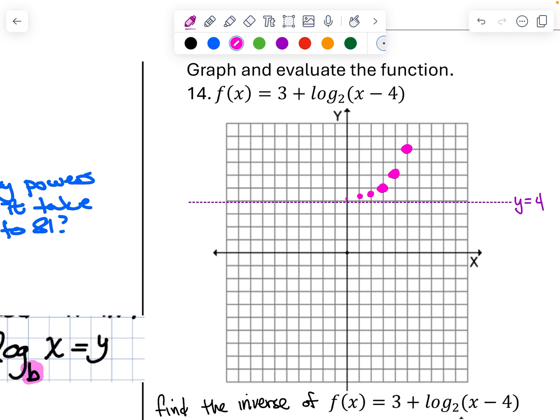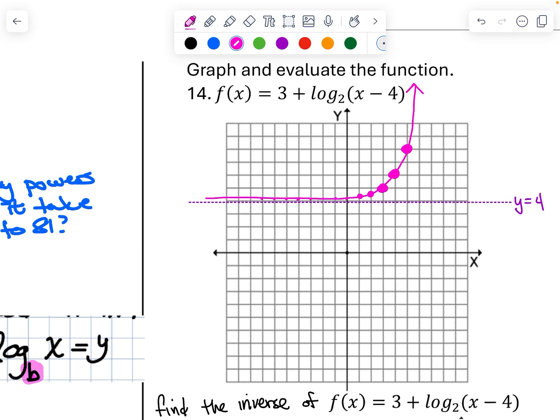And then if I continued along this path, I would get closer and closer to y equals 4, but I would never hit it. So my exponential function is going to look like this.